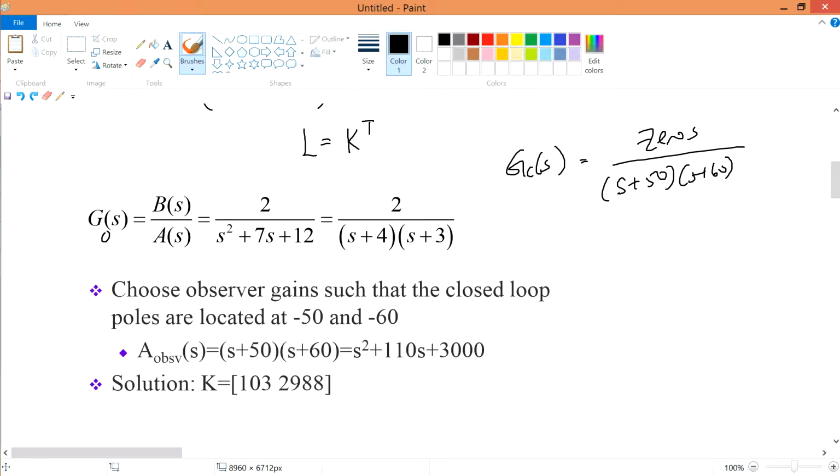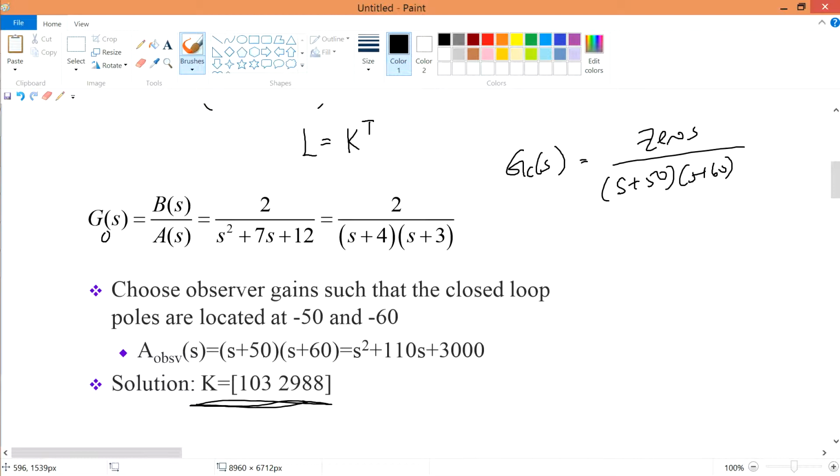One way is to derive it with the end in mind. I expand s plus 50 times s plus 60 and get s squared plus 110s plus 3000. This is my closed loop system. So what is the K value?